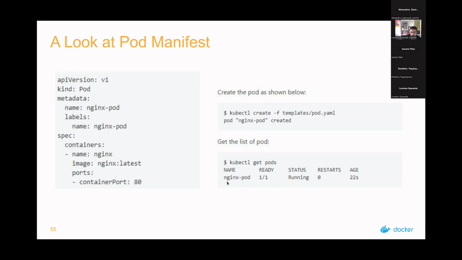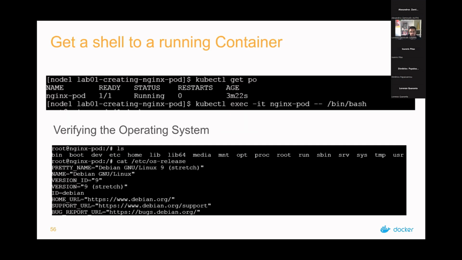We can see that there is the nginx pod, which has one replica, the second element of this number, and one replica is available. So 1/1 is currently available. The status is running, it didn't have any restart, and the age is 22 seconds alive.